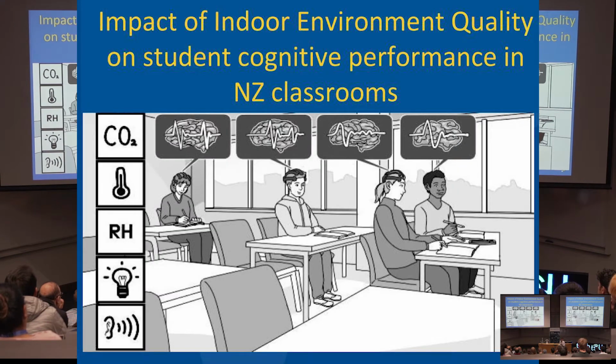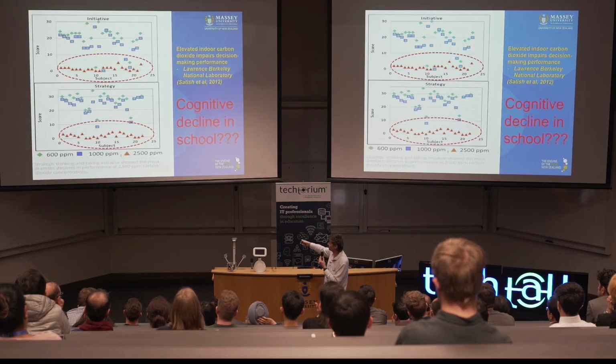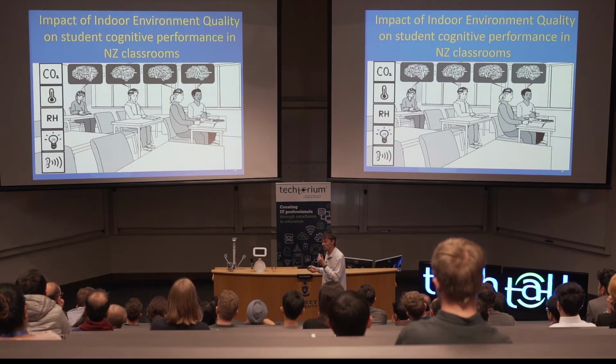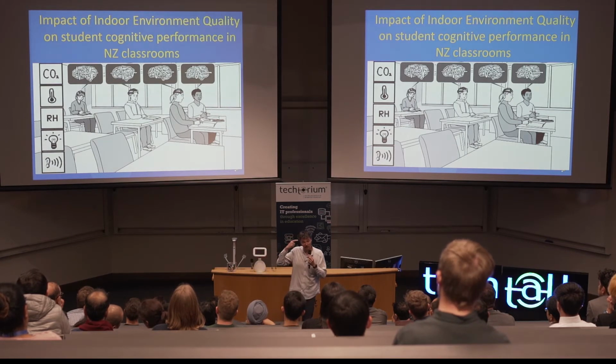I've got a PhD student at the moment. She's just starting her PhD, and her PhD will be to connect this data and data like this. So she will use some EEG, so to look at the brain waves as well.